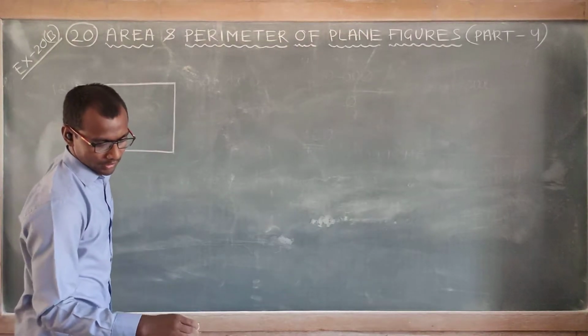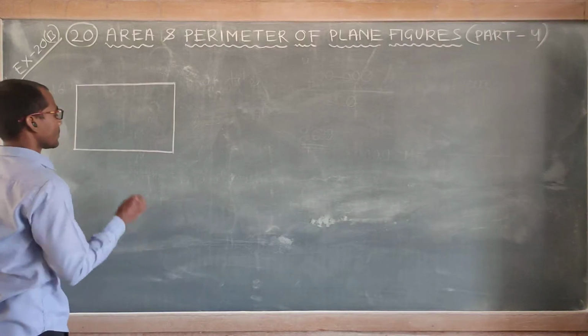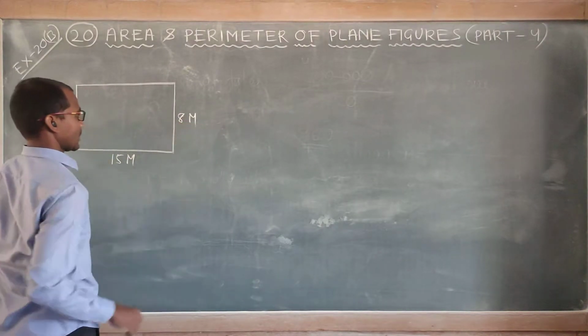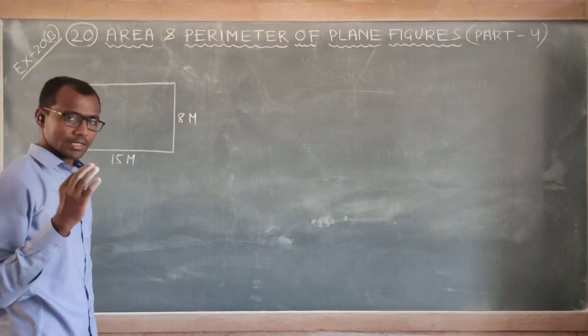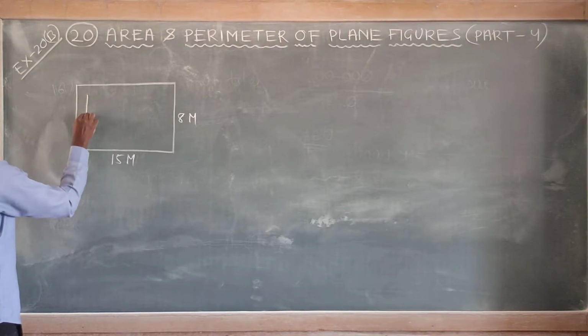Its dimensions are 15 meter by 8 meter. A rectangular carpet has to be laid on the floor inside the room, like this.